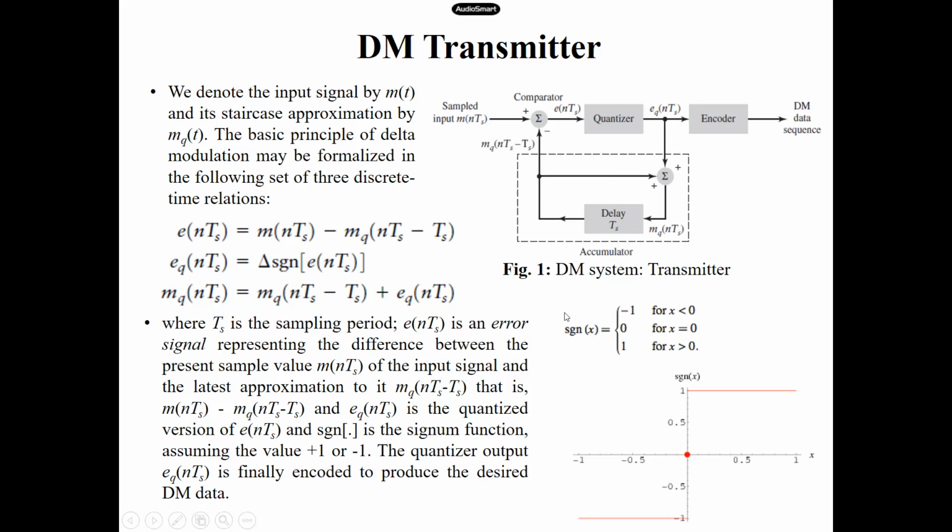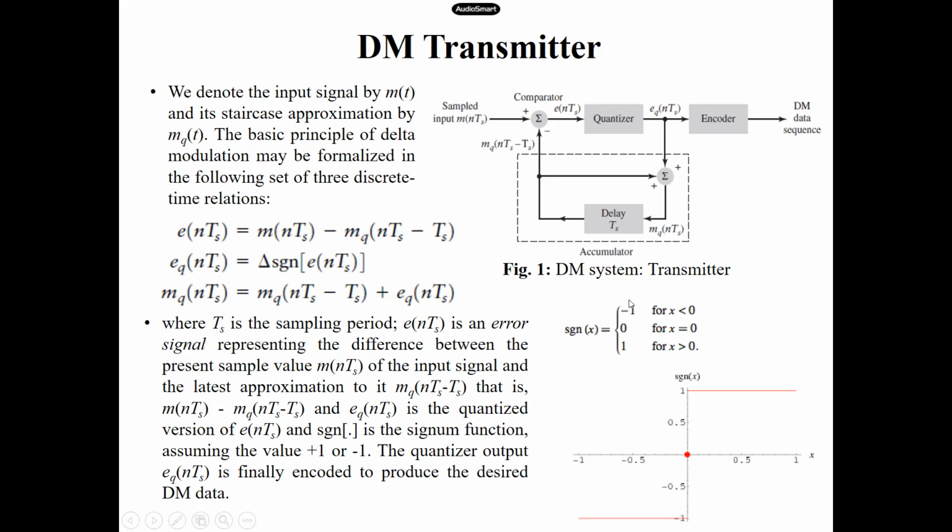e(nTs) is an error signal representing the difference between the present sample value m(nTs) of the input signal and the latest approximation to it, that is, m(nTs) minus mq(nTs minus Ts), and eq(nTs) is the quantized version of e(nTs).